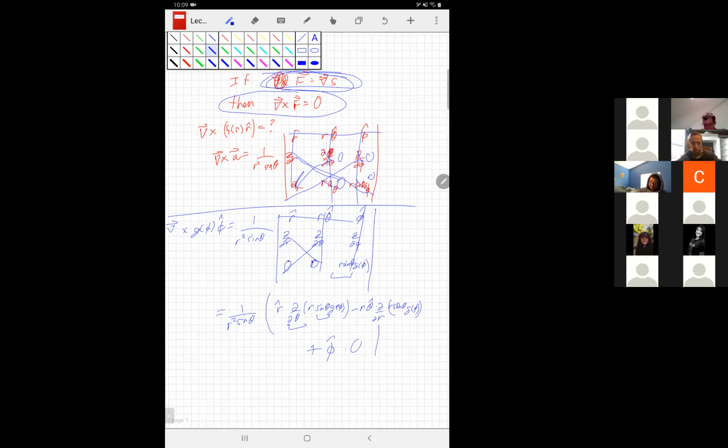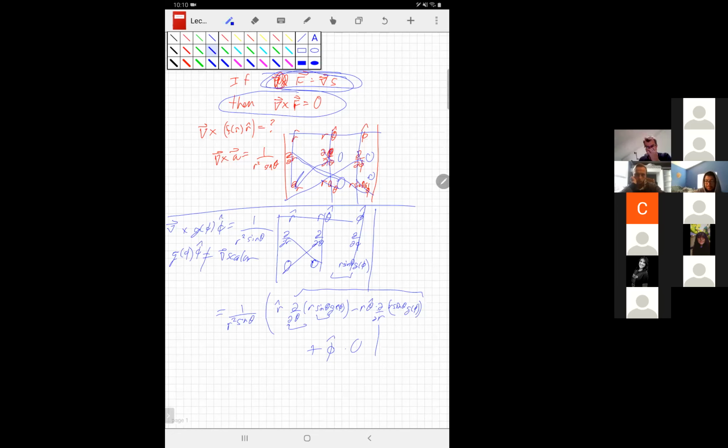But what's just happened here is we have 2 non-zero terms in that curl. So we know that this function, g of phi hat, is not equal to the gradient of some scalar function.